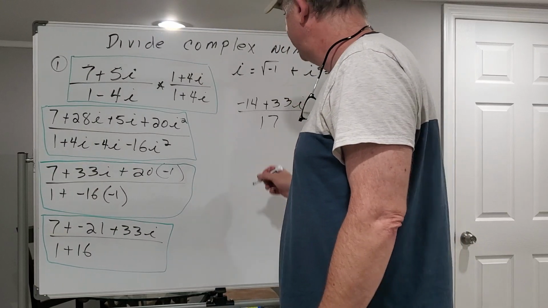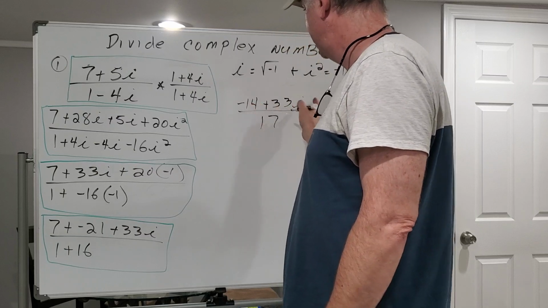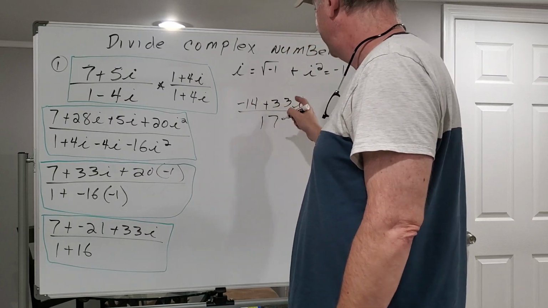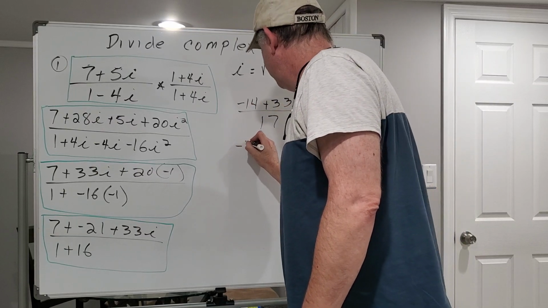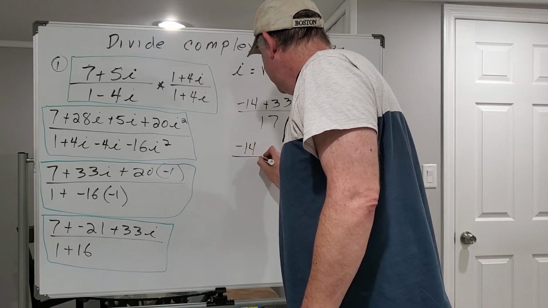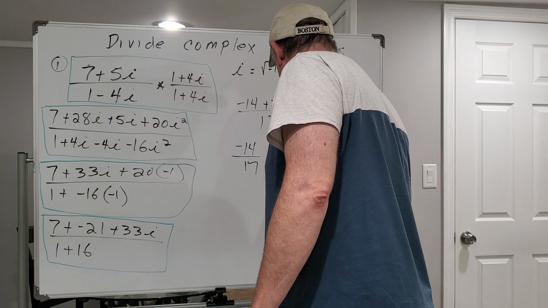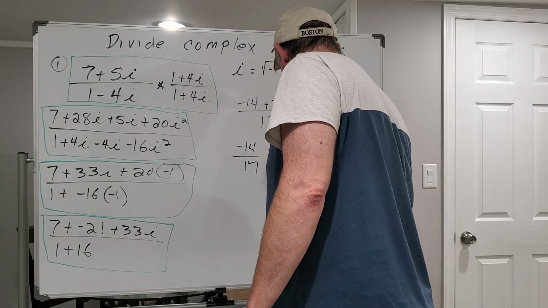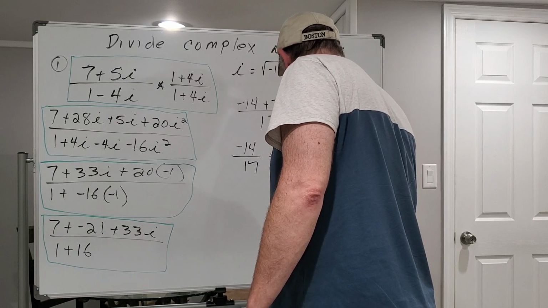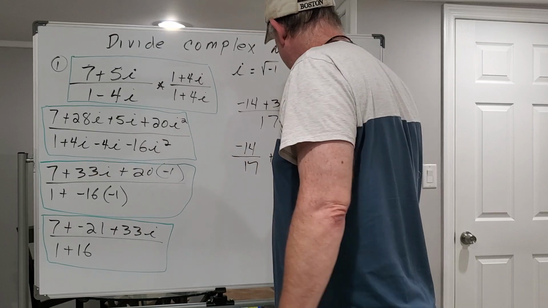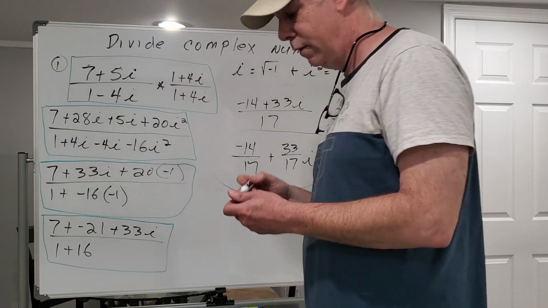Now we're going to write this in standard form. So we're going to separate our constant and our i. So we're going to have minus 14 over 17 plus 33 over 17i. And this here is our final answer.